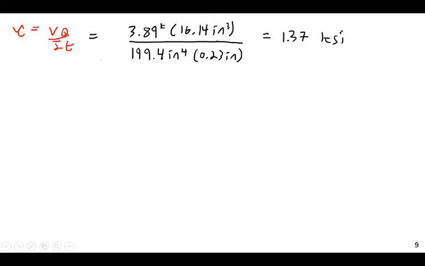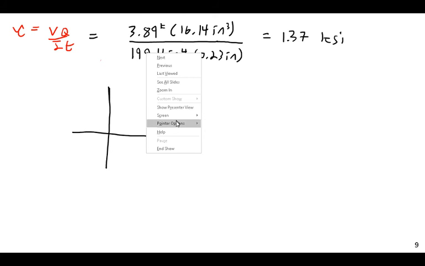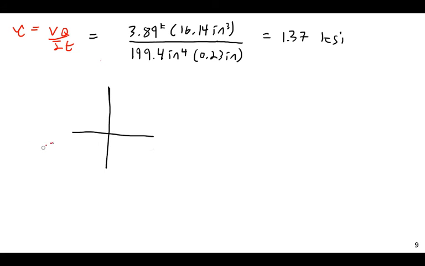KSI. All right, and then here, I need to do another Mohr circle looking at this state of stress. Because there's no bending stress, this is actually just going to be a perfect circle, which I always draw, centered at the origin.